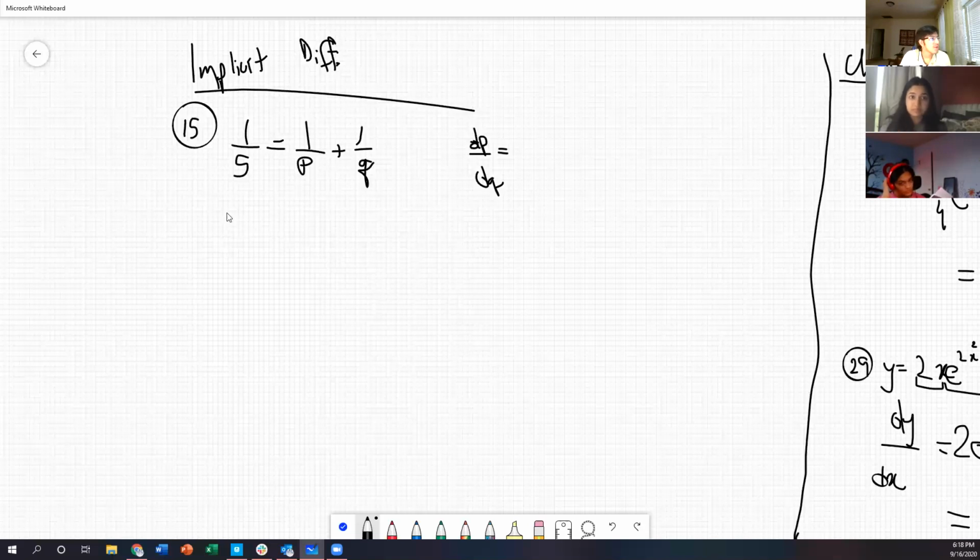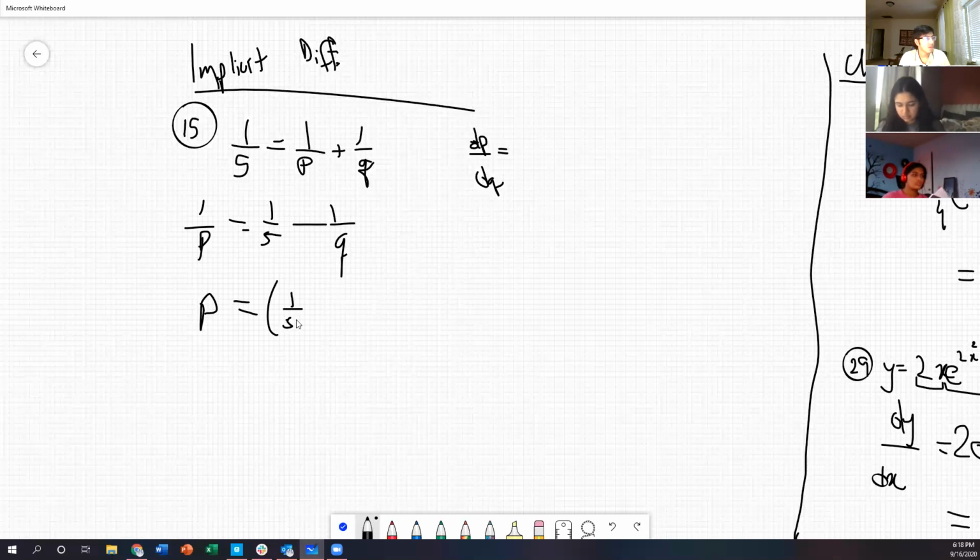So what we're going to do is say 1 over p equals 1/5 minus 1 over q. Then we can take the reciprocal of both sides, and this becomes p equals (1/5 minus 1 over q) to the negative 1 power.